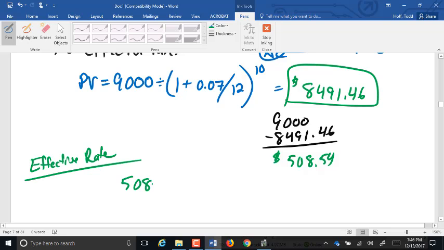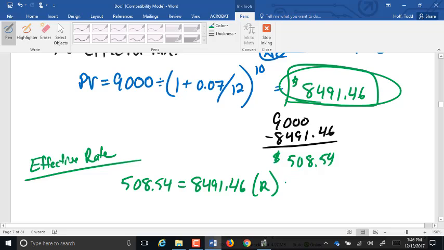So for the effective rate, the 508.54 goes in for the interest. What goes in for my principal? What I started out with is the 8491.46, times R times 10/12. Right?